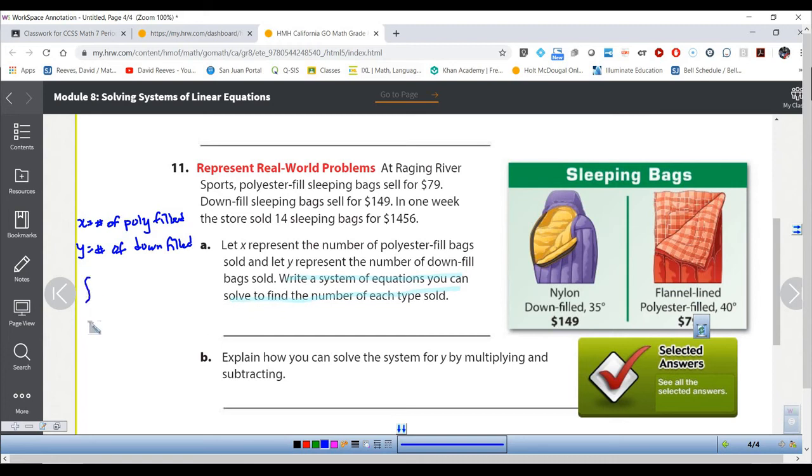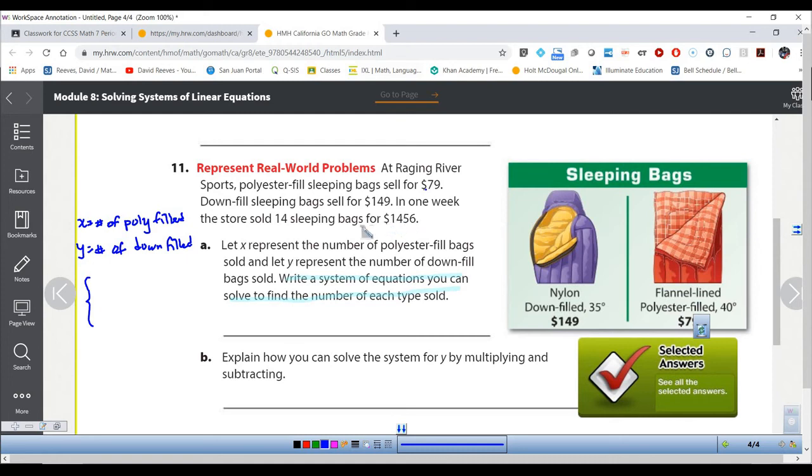We're looking for two equations. Now this one is going to be a little bit different. It says at Raging River, polyester bags sell for $79 and down sell for $149. In 1 week, the store sold 14 sleeping bags for $1,456.